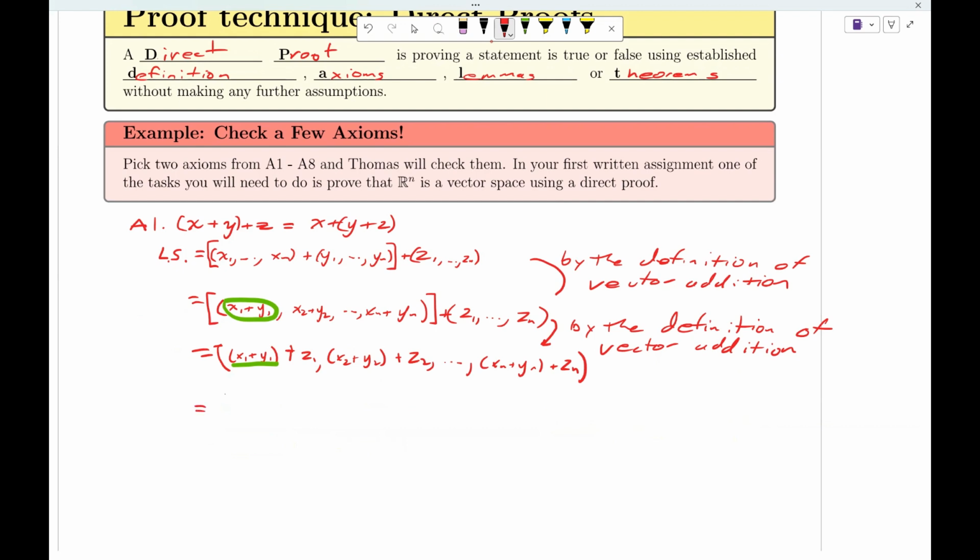So this equals x1 plus (y1 plus z1), x2 plus (y2 plus z2), up to xn plus (yn plus zn), as field addition is associative.